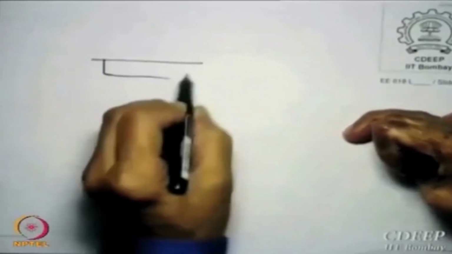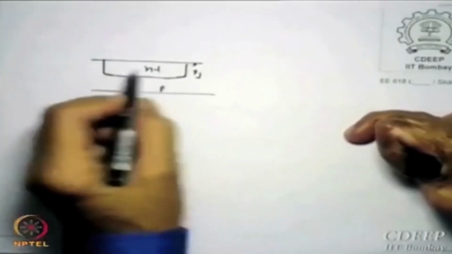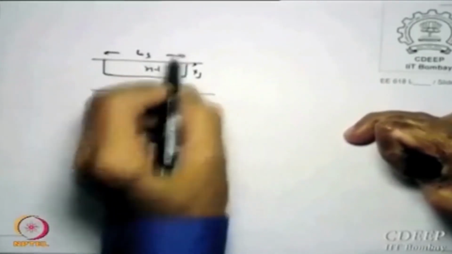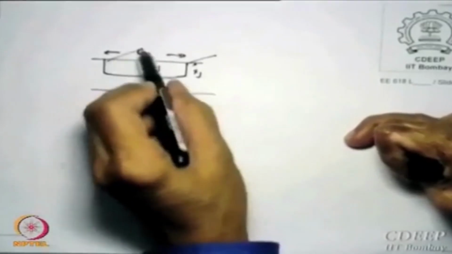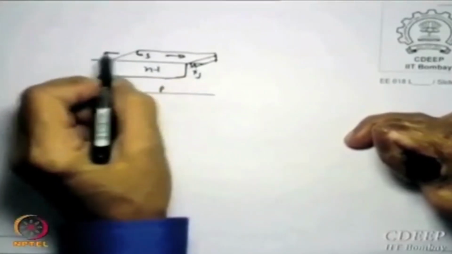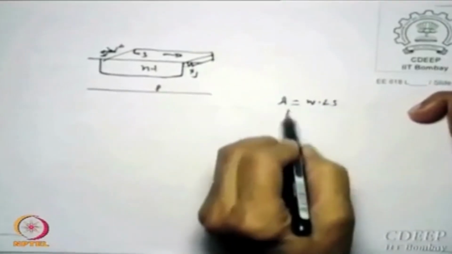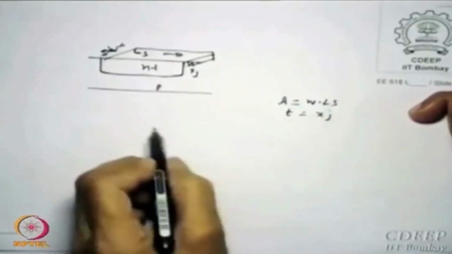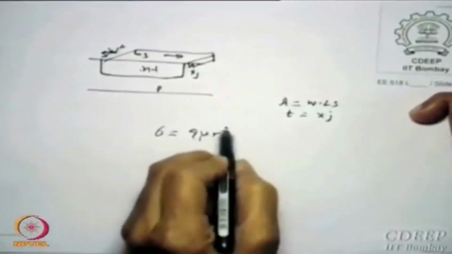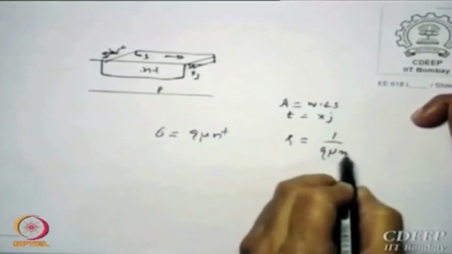This is my N plus area, okay. This is my junction depth in P. This is the source drain length, what we call LS or LD, whatever it is, and another dimension which is W. So the area is W into Ls, thickness is Xj, and the resistivity sigma is q mu N plus, so I know rho, which is 1 upon q mu N plus.